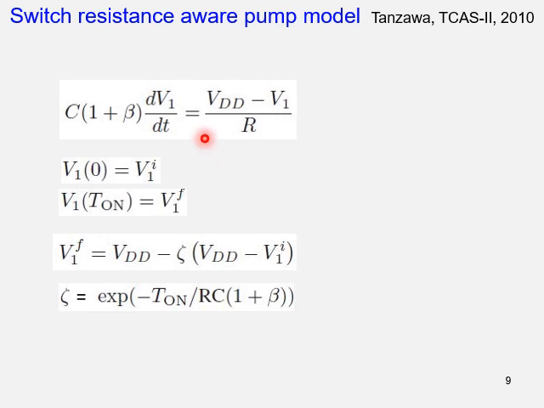So let's start with the first stage equation here. And if you introduce Xi like this, then you can write V1 final like this.